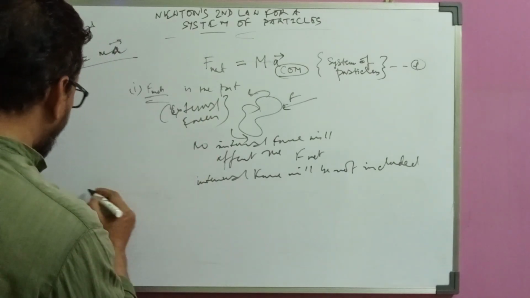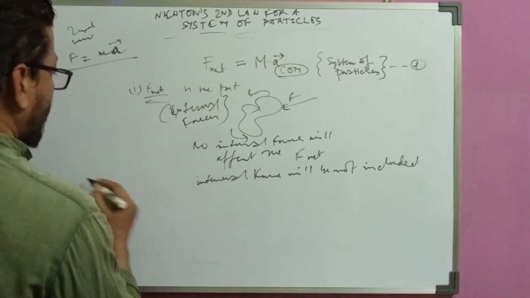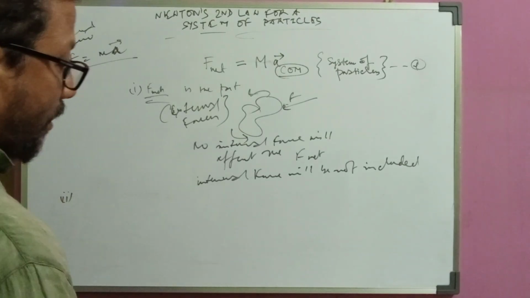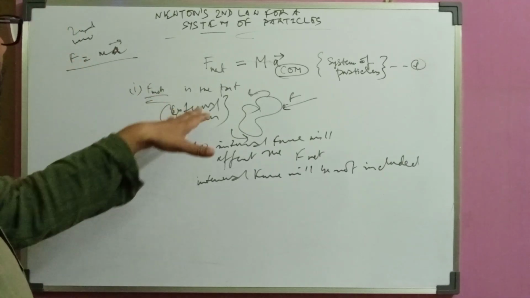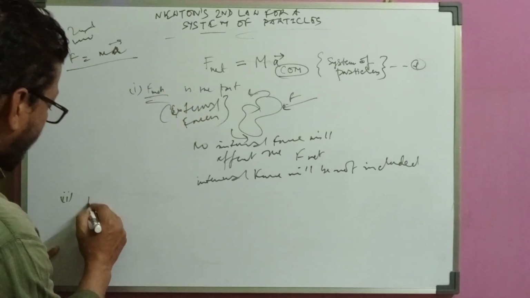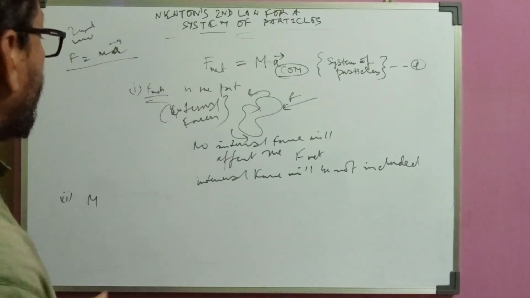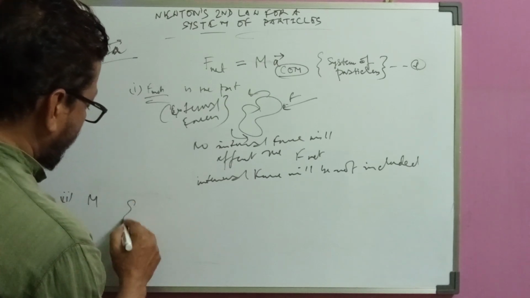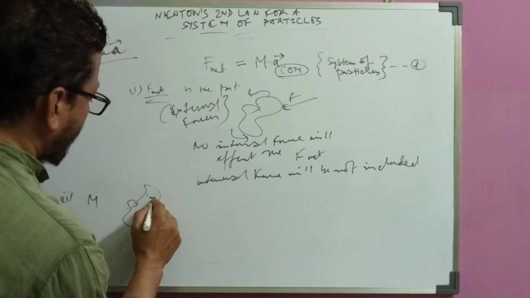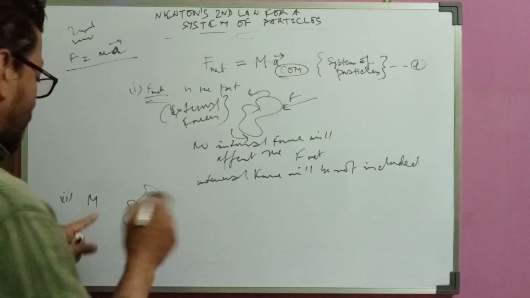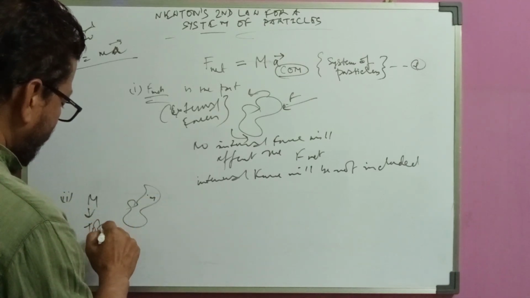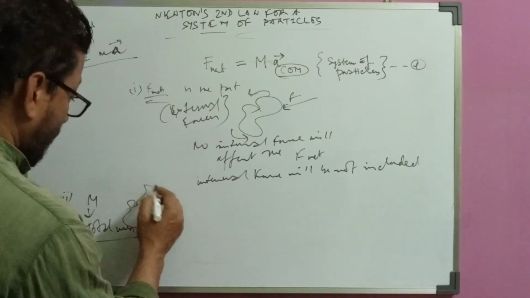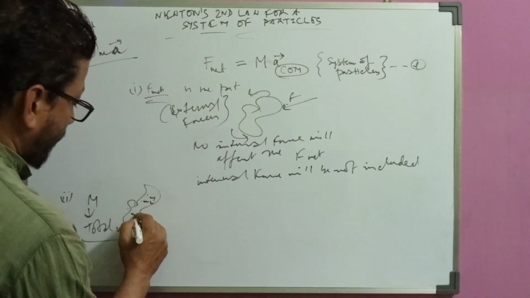So I'm wiping this out. Similarly, number two. What will number two be? Similarly, we do it with the M also. We did the F net, so now it will be M. Similar to what we did previously, this is the combination of the total mass, the inclusion of all the masses M1, M2, M3.